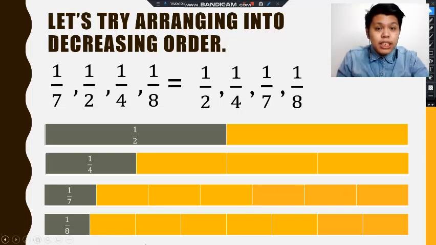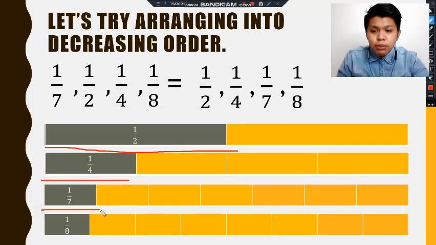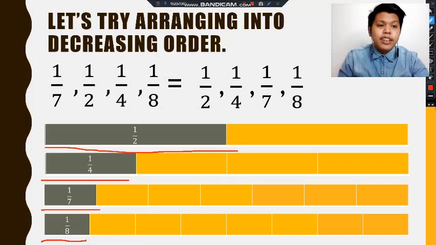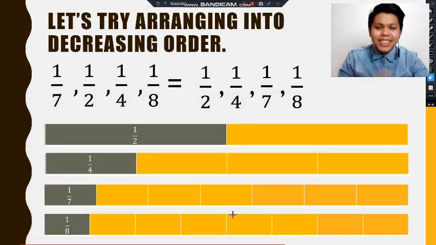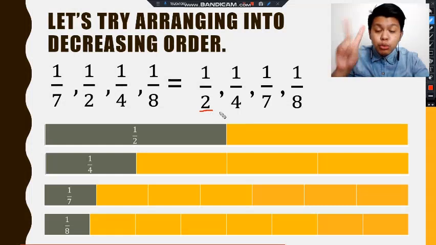Now, if you notice, again, bigger going smaller, smaller, and smaller. So again, decreasing order from big going to a small part. Let's check the denominator from a small value number 2 going to the big number. So 2, 4, 7, 8.